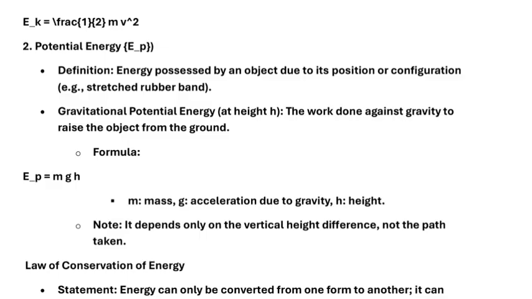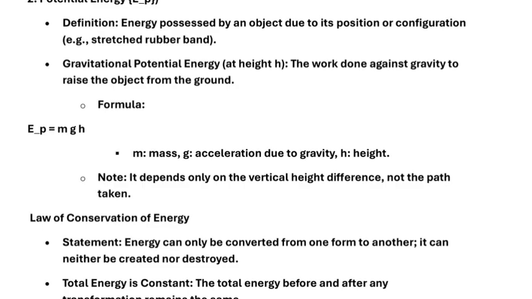Definition: energy possessed by an object due to its position or configuration, for example a stretched rubber band. Gravitational potential energy at height h: the work done against gravity to raise the object from the ground. Formula: E_p = mgh, where m is mass, g is acceleration due to gravity, and h is height. Note: it depends only on the vertical height difference, not the path taken.